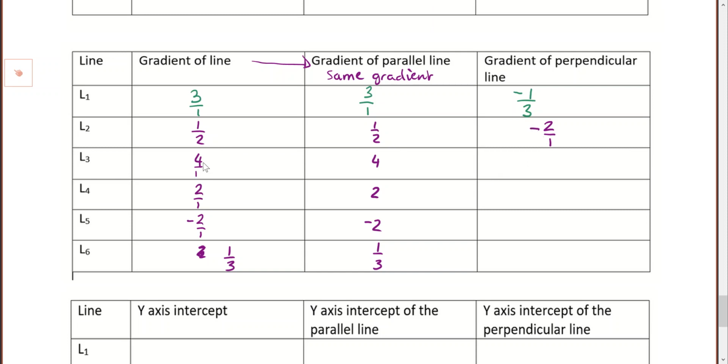If it was 4, it becomes negative 1 over 4. If it was negative 2, it's now positive 1 over 2.